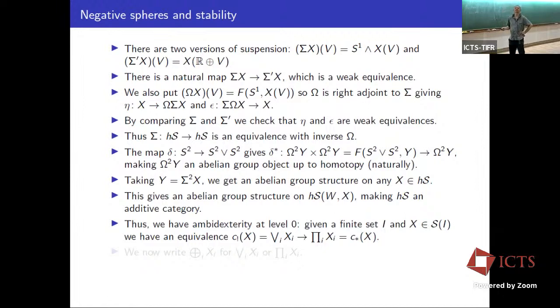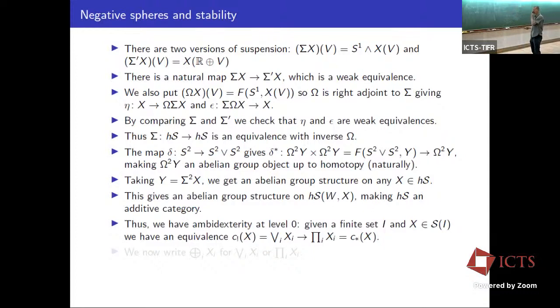Remember, for additive categories, you've got ambidexterity at level 0. You've got a weak equivalence, so you get an isomorphism from the coproduct to the product, as we said here. Now I'm being a little bit sloppy about the relationship between ambidexterity in the homotopy category and ambidexterity at the infinity category level.